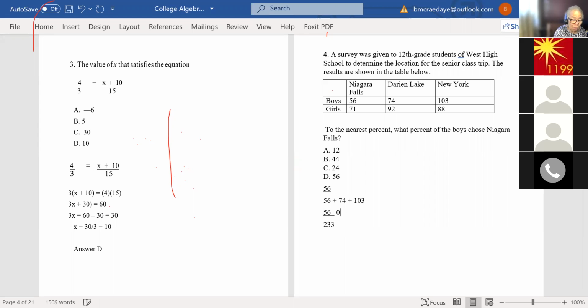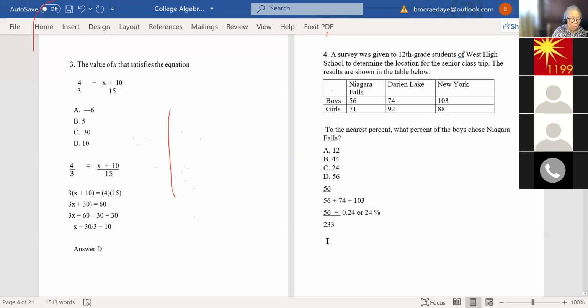Okay, 0.24 or 24%. That's what that is equal to. So that answer is what? I said 12%. So what's the percent? 24, that you said 24. So why are you getting 12?